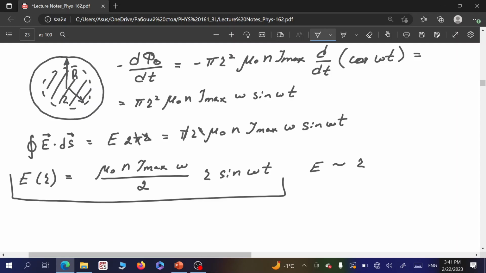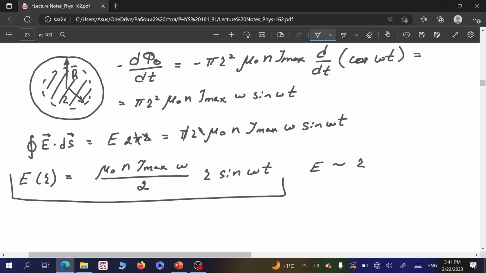Just to highlight, if we run a DC current, in the same direction and constant in magnitude, then the magnetic field created by this solenoid will be constant.